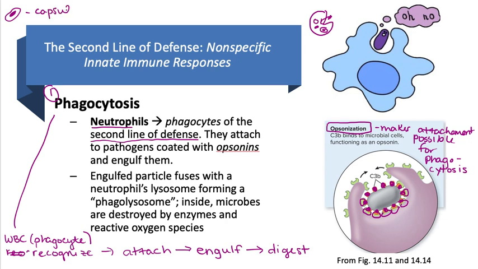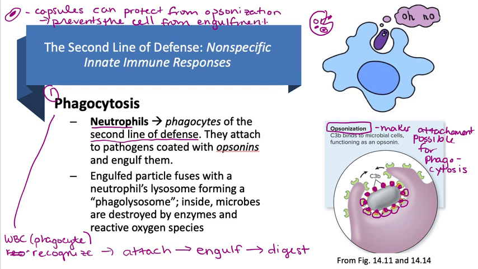So capsules can protect the cell from opsonization, and therefore it prevents the bacterial cell from engulfment by a white blood cell or by a phagocyte.